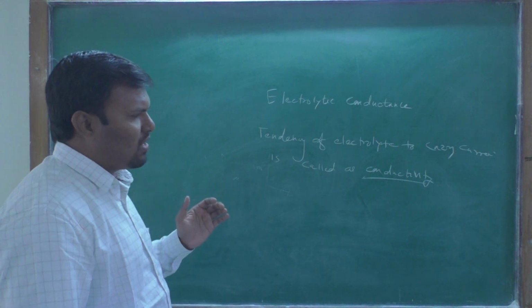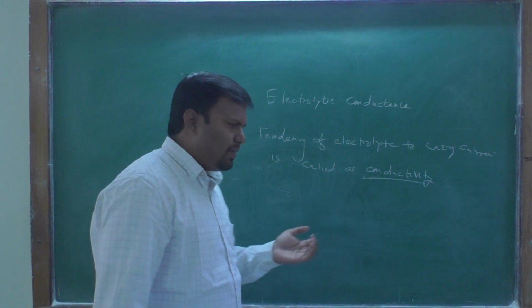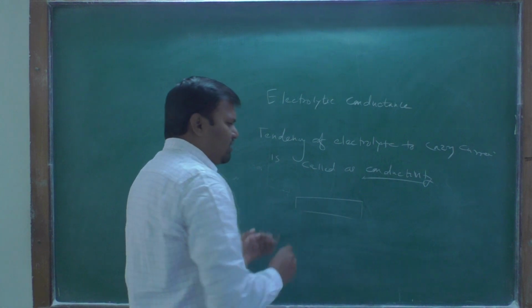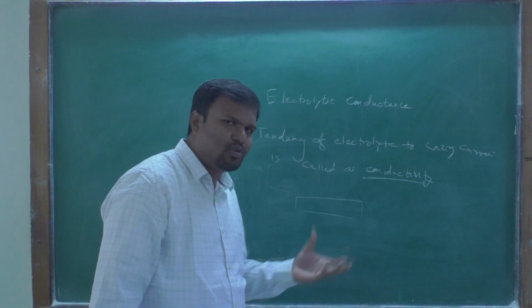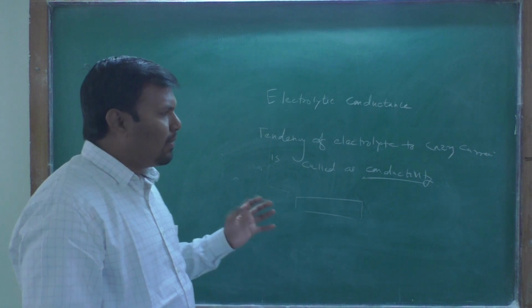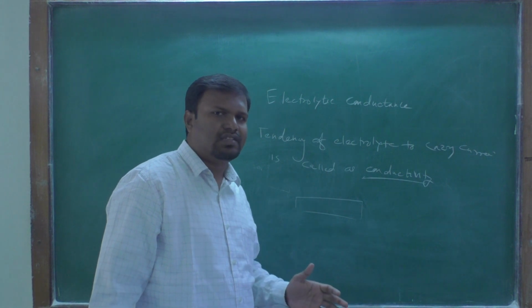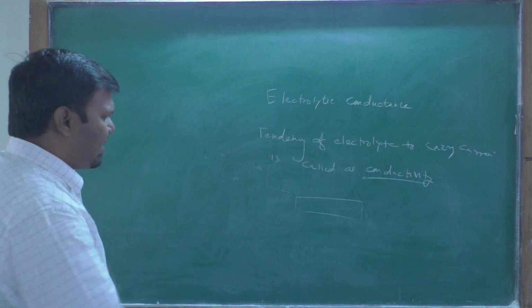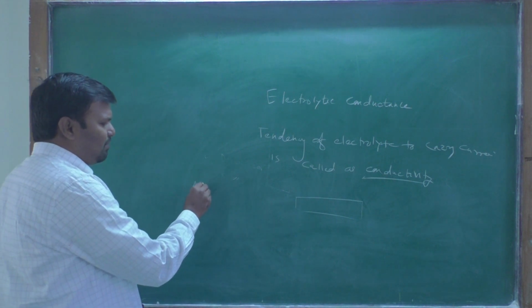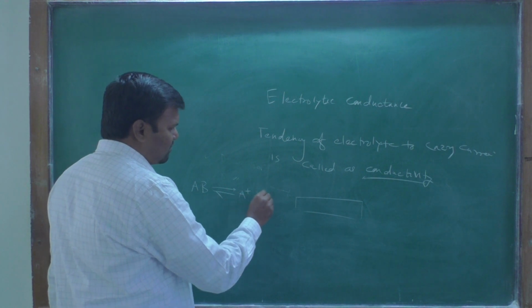Normally, in a metal, current flows via electrons. In solution also, current flows through its ions, that is, positive ions and negative ions equally. According to the Arrhenius theory, if there is a molecule AB, it dissociates into A plus and B minus.